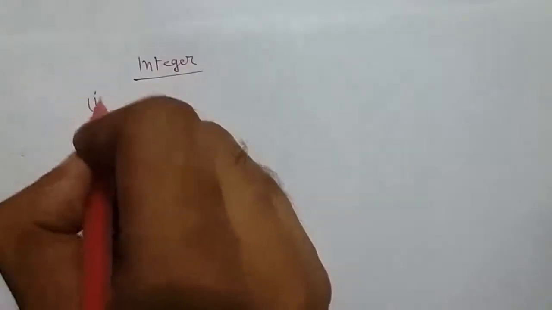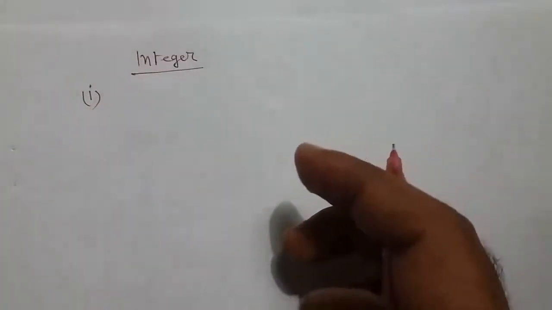Now integer literals. Integer literals are of three types. That means three types of integer literals are used in Java program. Here we are discussing the types regarding Java program only. Okay.